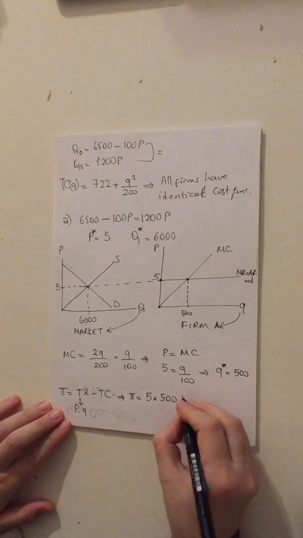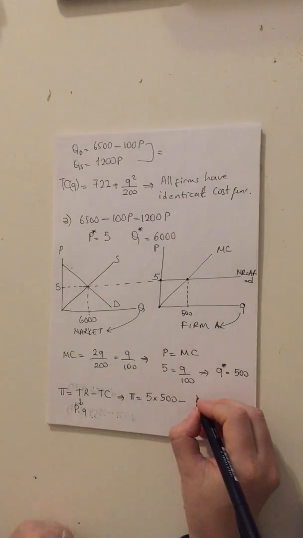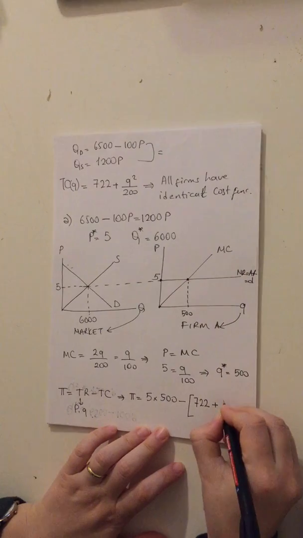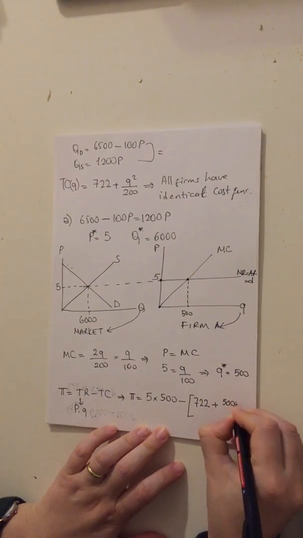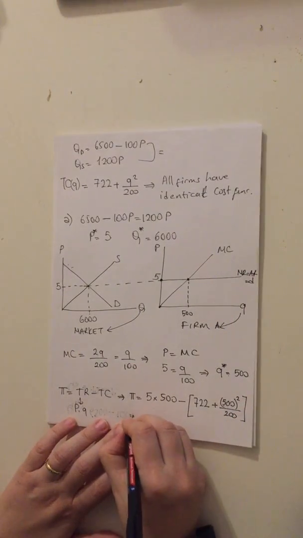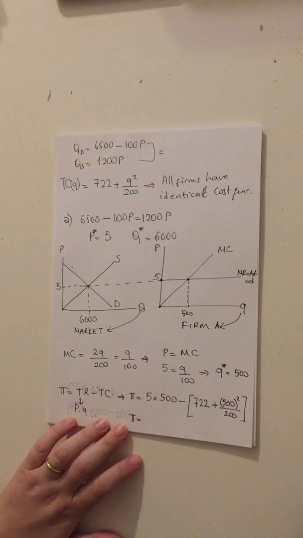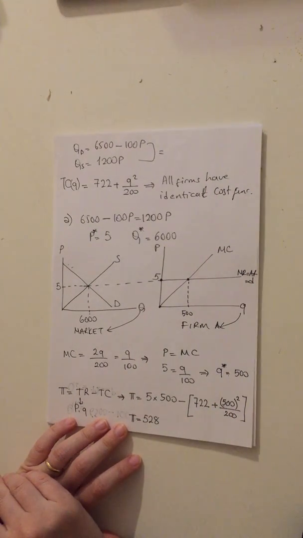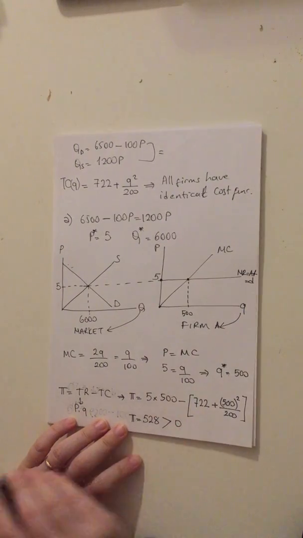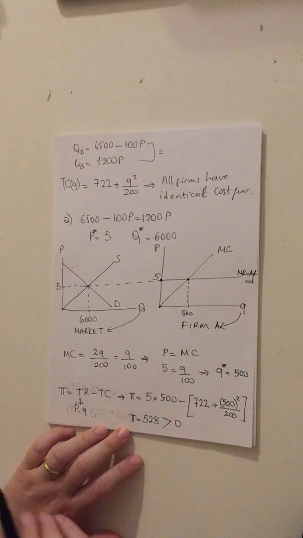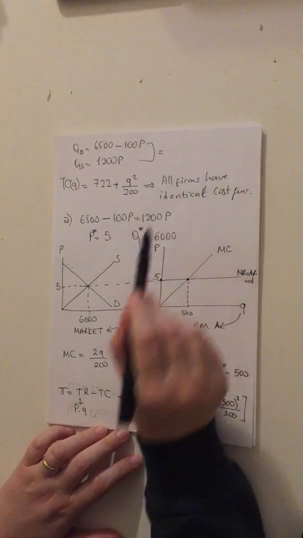And the quantity is 500 minus total cost, which is 722 plus Q square, 500 square over 200. So we can find that the profit of the firm as, what is it, 528. So we can find there's a positive profit in the market. Each firm will have that profit because they have all identical costs.